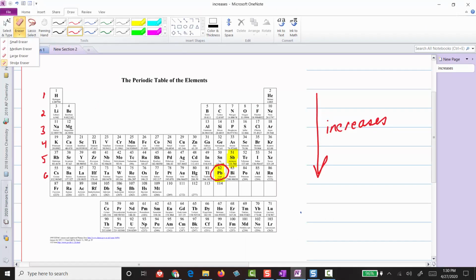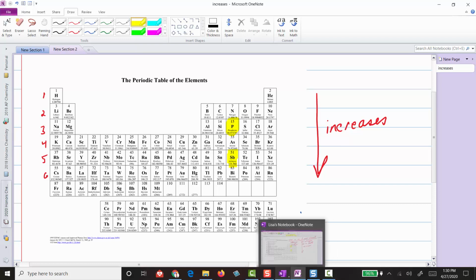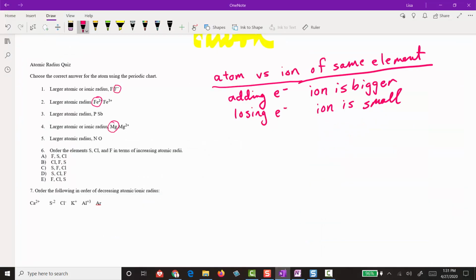That's all right. Let's try that again. Give me an eraser. Now looking at these two, phosphorus versus antimony, which is what the question wanted, we would see that antimony is going to be larger because it's got 2 more energy levels in there. So larger is antimony.